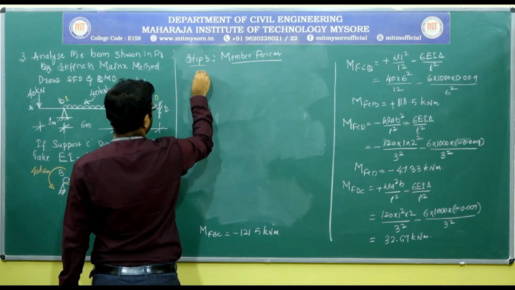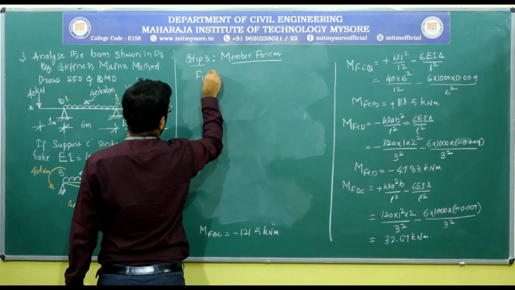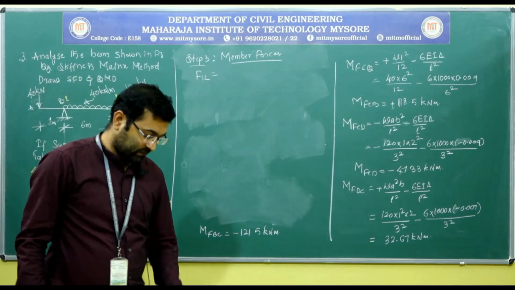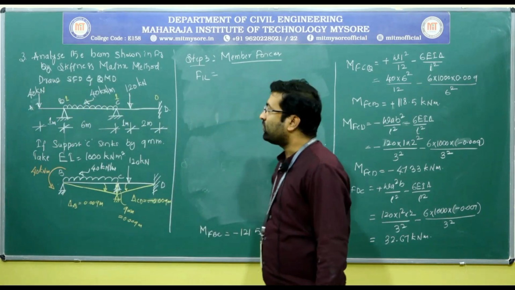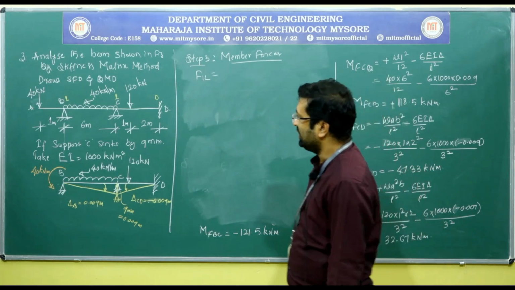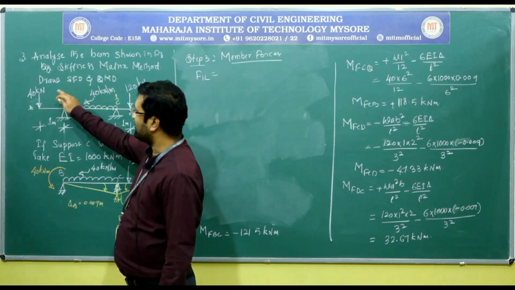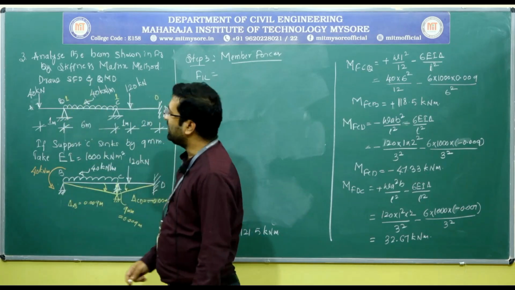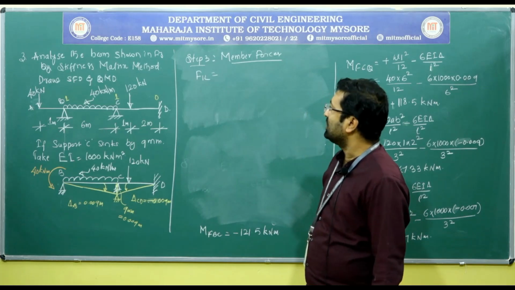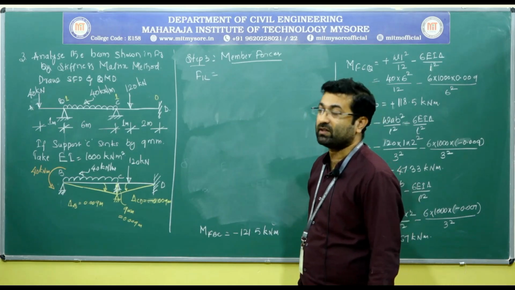That is F1L. So what is F1L? F1L is the force at the first coordinate due to the external load. Here our first coordinate is at B. At B we need to work out the fixed end moments due to the external loading.